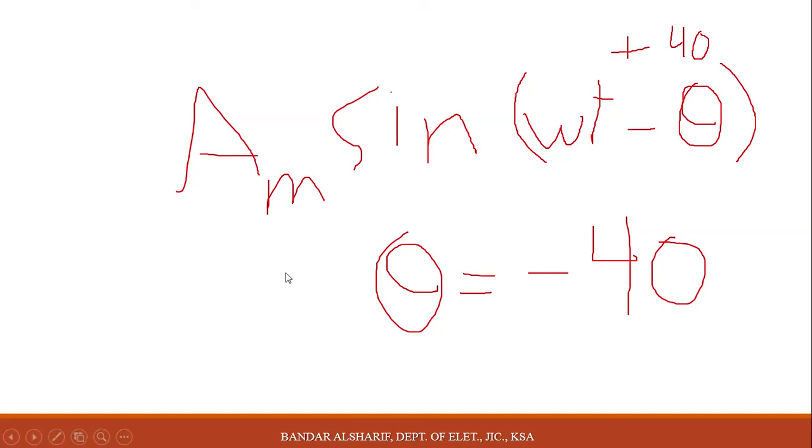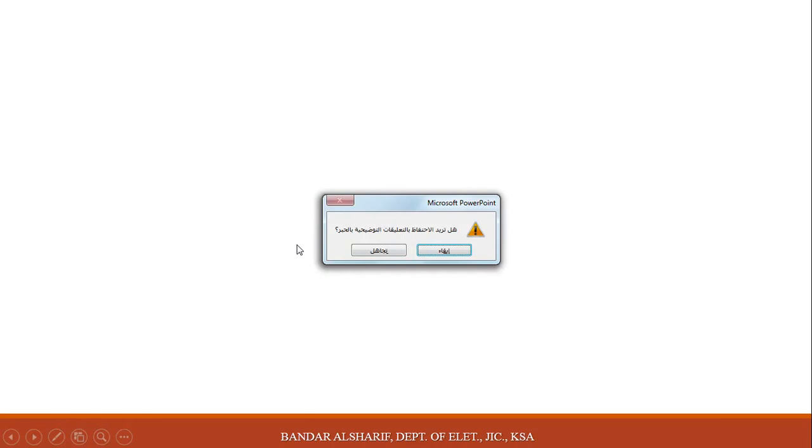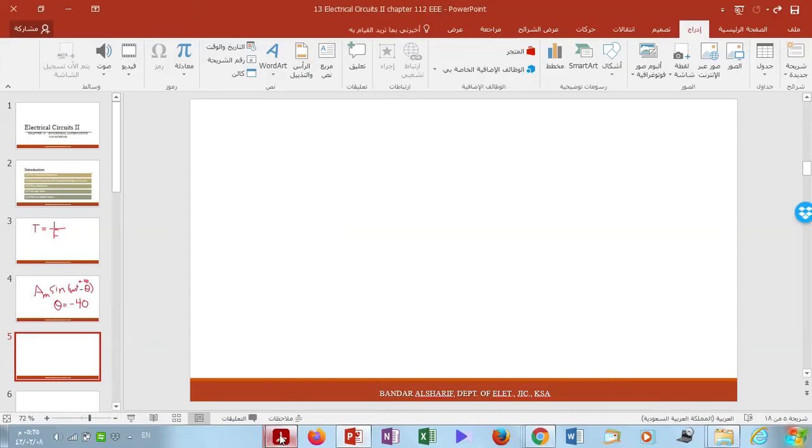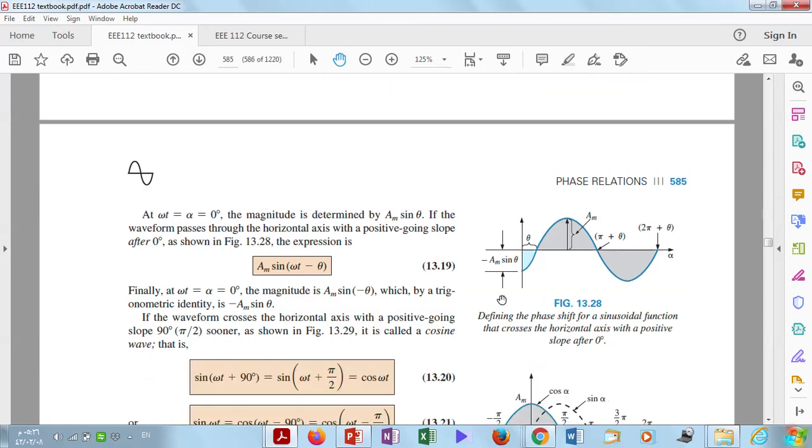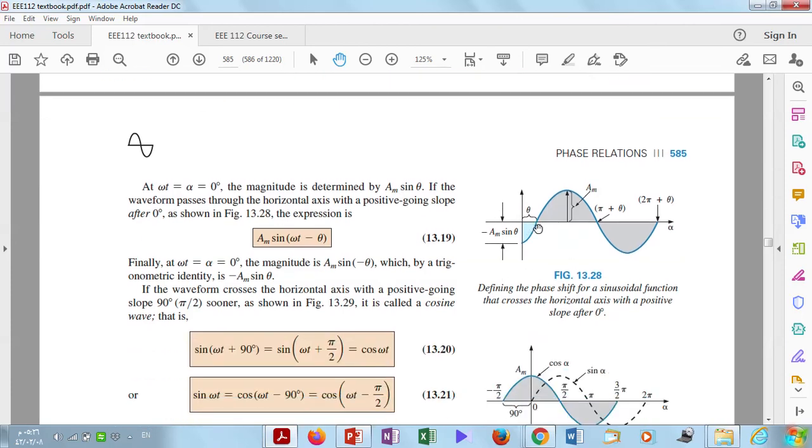Okay, and here if we say theta is on the minus side, because they write the formula with minus theta, if theta starts from here positive, this means minus theta positive.